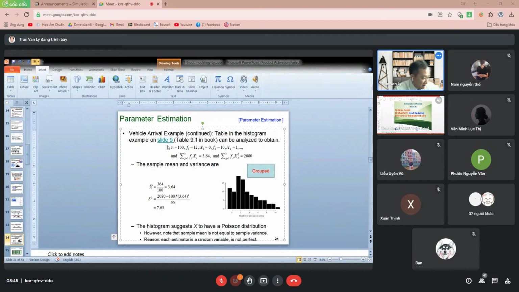Number 9, so we know 100 observations. And from that we can identify the mean and the standard deviation, because we have the variance here. So what should we do?